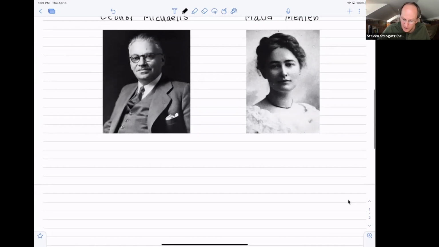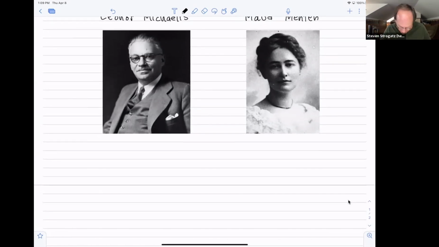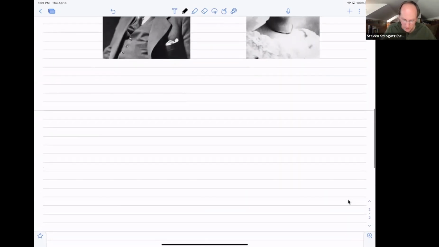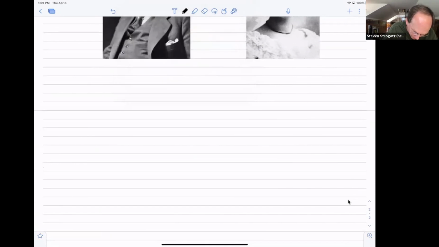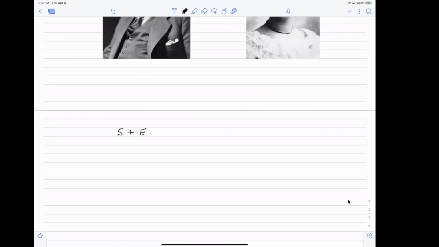So let me now tell you a little what they did. So here's the setup. We're thinking about a biochemical reaction involving a substrate. So think of that as just some molecule or concentration of molecules. And then I'm going to add an enzyme that will allow a reaction to take place. So the enzyme catalyzes this reaction, makes it happen faster than it would otherwise.